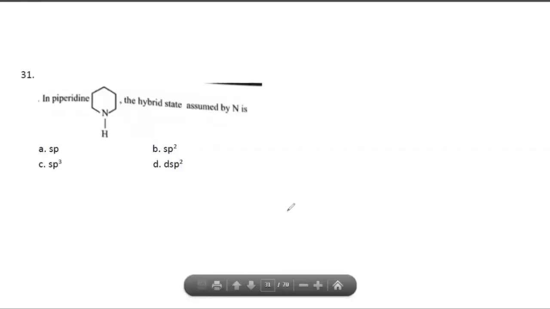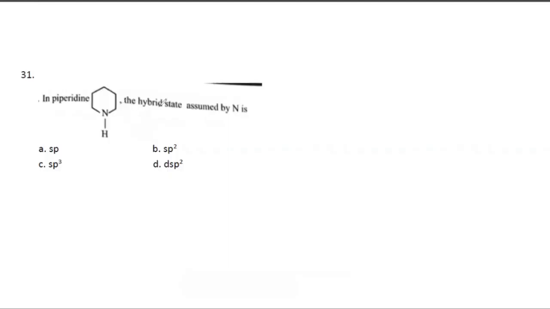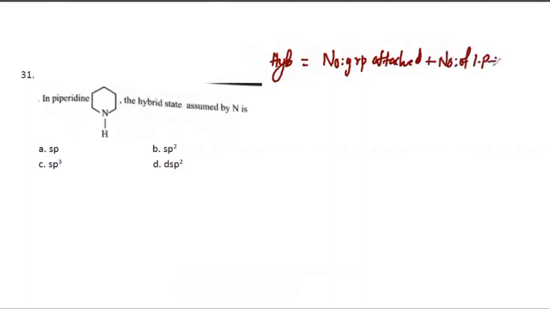So consider the next question. In piperidine, what is the hybrid state assumed by nitrogen? To find the hybridization of an organic molecule, check the number of groups attached around that atom, plus the number of lone pairs around that atom, plus the number of negative charges around that atom.